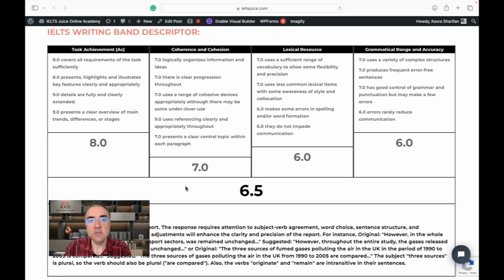About coherence and cohesion, my paragraphing is fine, by the way. The referencing is also fine. The errors that you saw, specifically about the half that I told you about, it's not about referencing because half is clear. So it doesn't affect the referencing part, but it's more related to vocabulary.